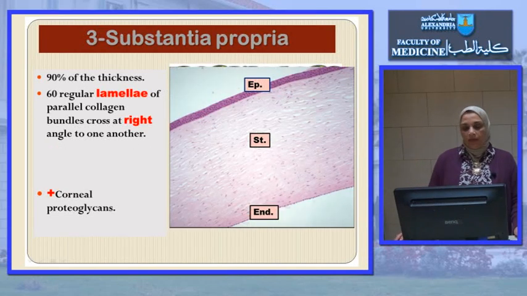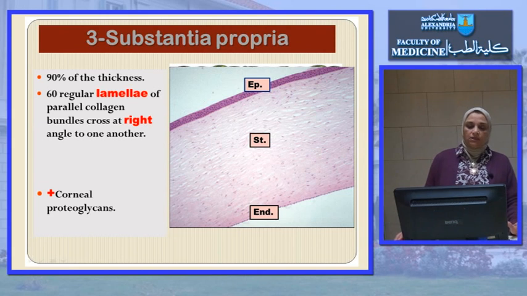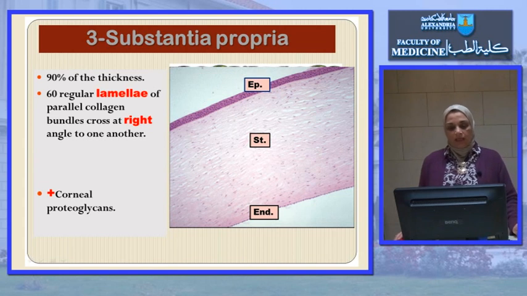So as we know, the connective tissue is formed of fibers, cells, and ground substance. We are interested in the collagen, in the fibers. They are regularly arranged lamellae of parallel collagen bundles. As we see from the EM, they are at right angles with uniform spacing between the layers.